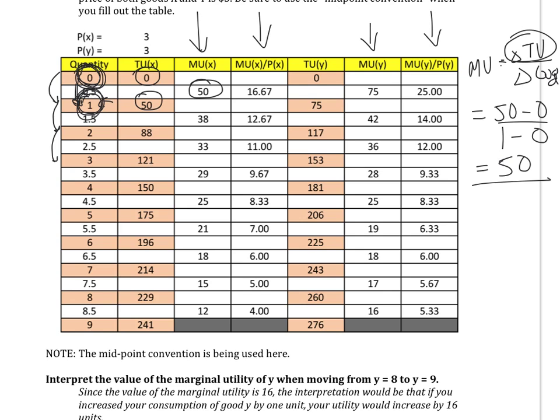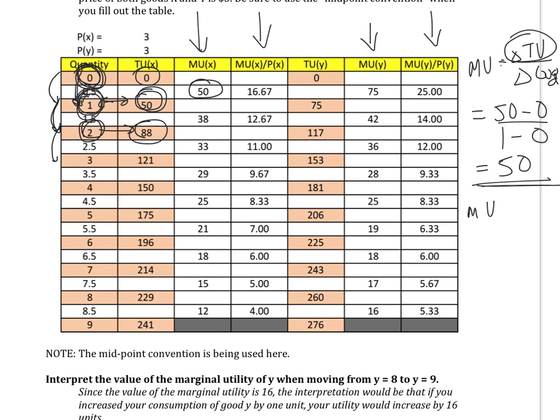Okay, so we can do this again in going from 1 to 2, right? So the total utility at 1 is 50. Total utility at 2 is 88.